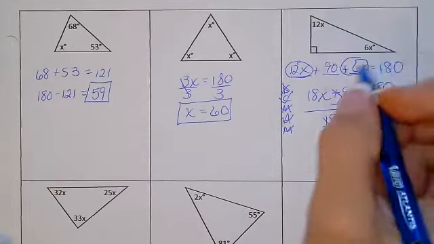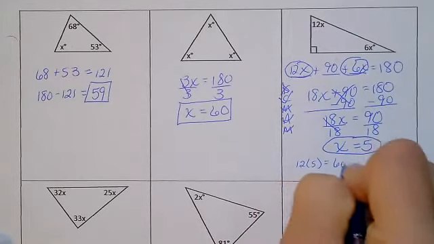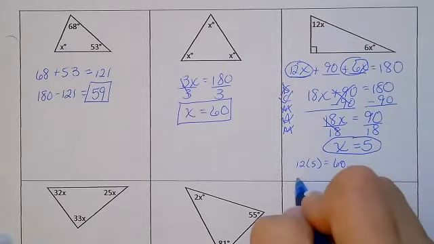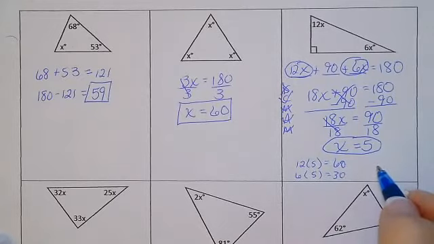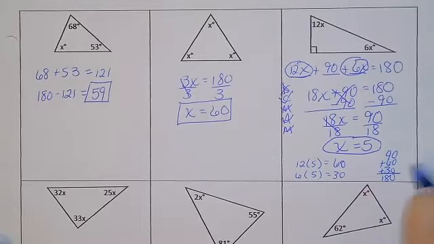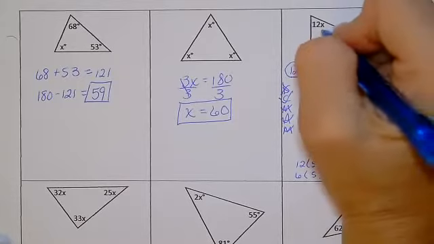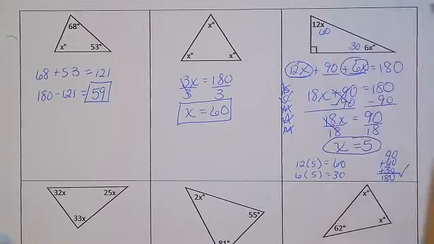So 12 times 5 is 60, and 6 times 5 is 30. So let's make sure we have 90 plus 60 plus 30 equals 180. So that means that this one is 60 and this one is 30.